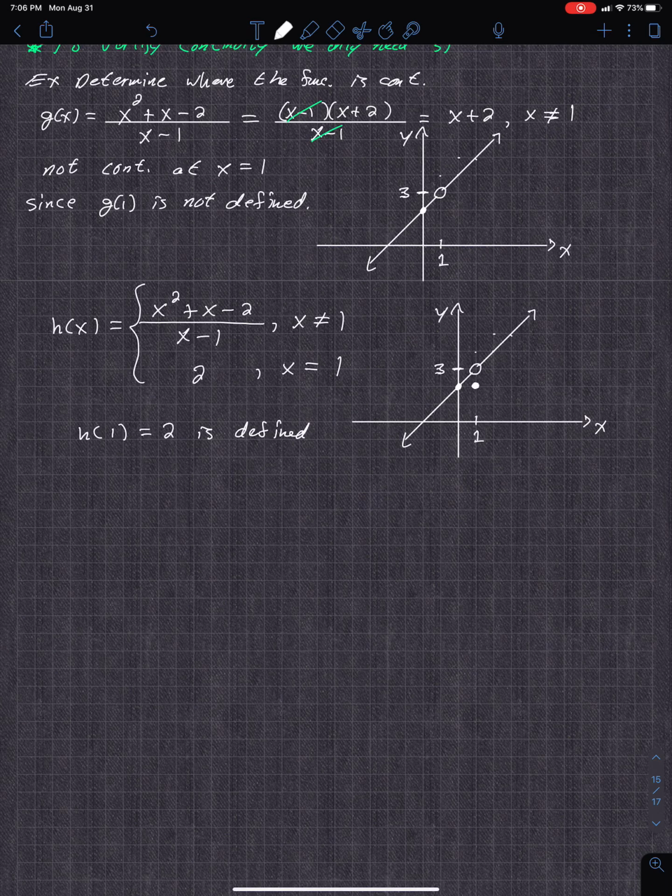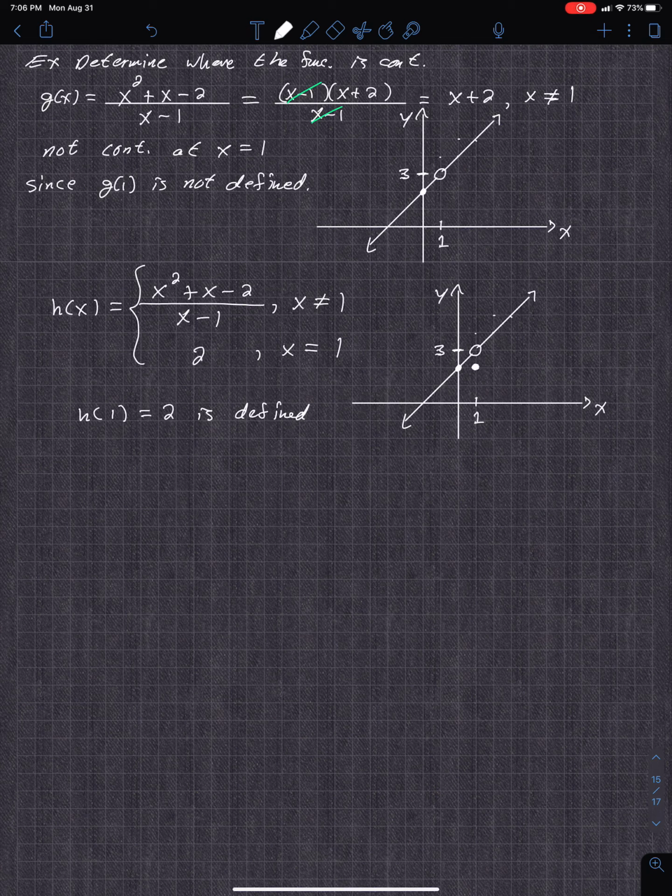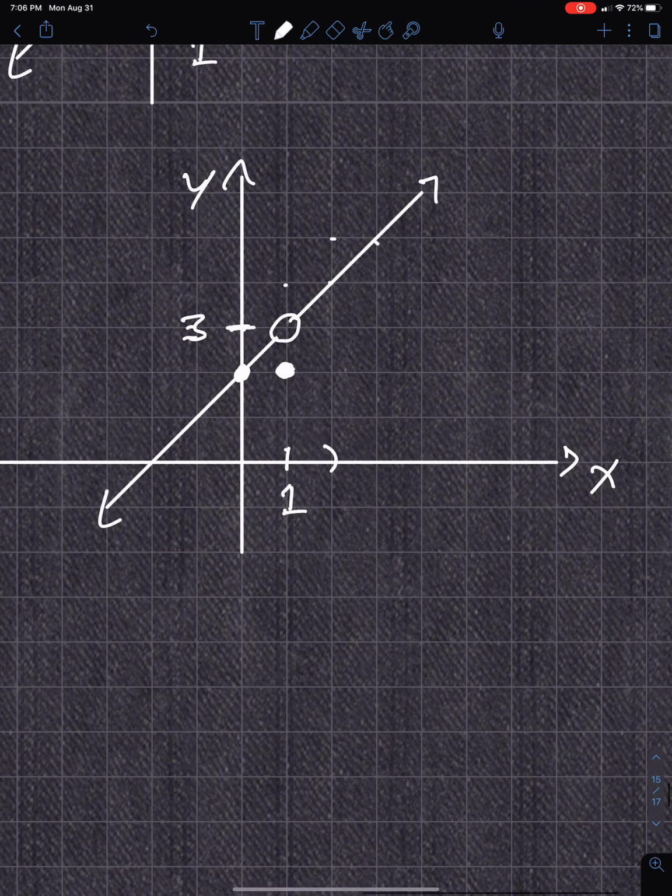But what's the problem? What does it not satisfy? So it's defined. Does the limit exist there? So what's the limit of h of x as x approaches 1? As you're approaching 1 here, coming in on 1 like this, you are getting a limiting value.